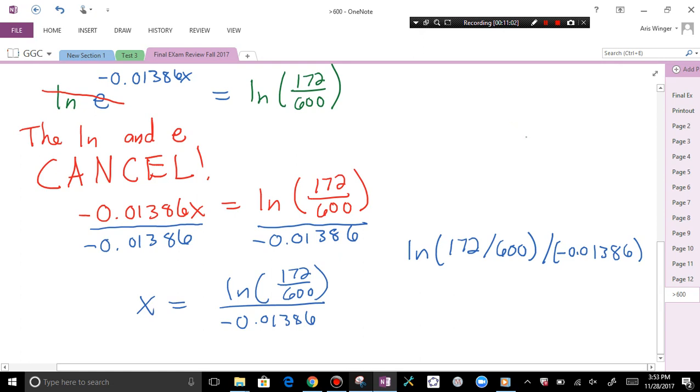Let's see if I have a calculator for this. Natural log 172 divided by 600 divided by negative 0.01386. 90.14.